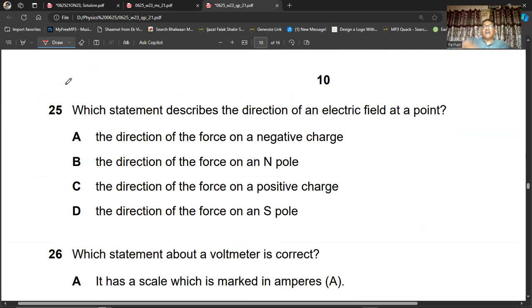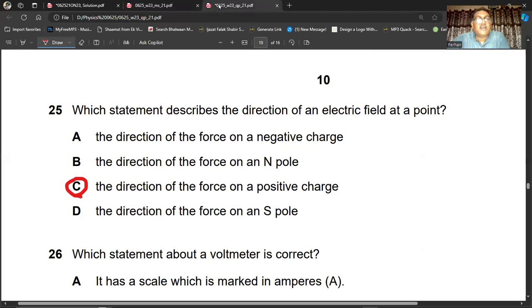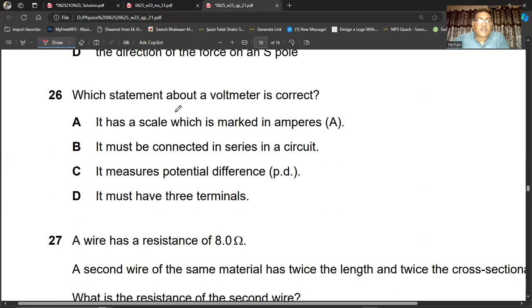So the direction of the force on a positive charge. C is the choice. Question number 25, sir. C is the right choice.